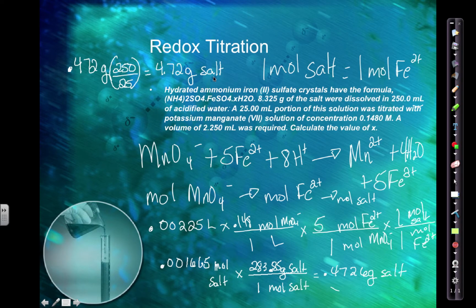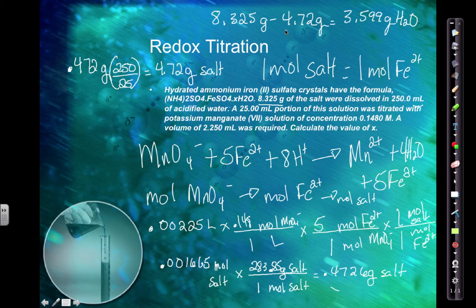So 4.72 grams of this substance was salt. The rest of it should be water. So to get the mass of the water, I'm going to take this and subtract my salt. And I should get 3.599 grams of water.